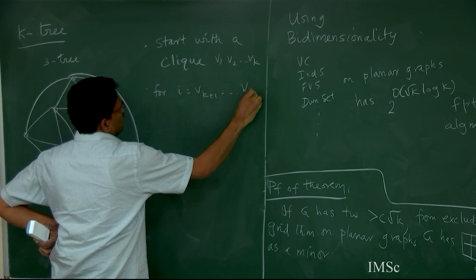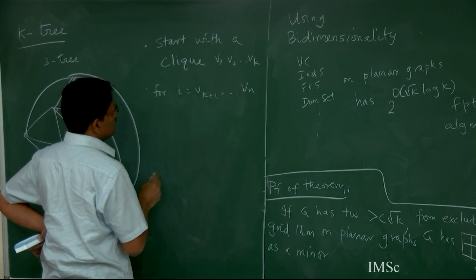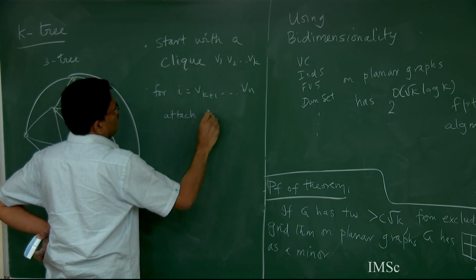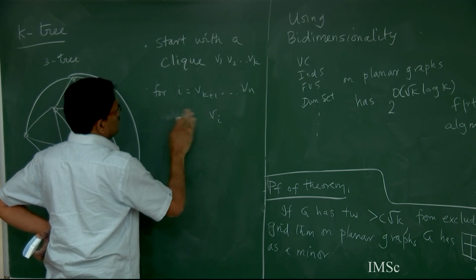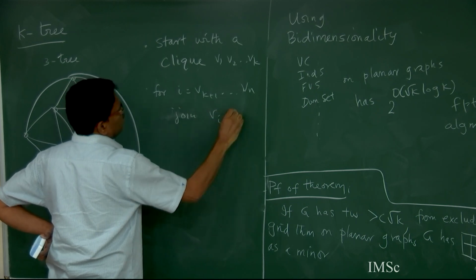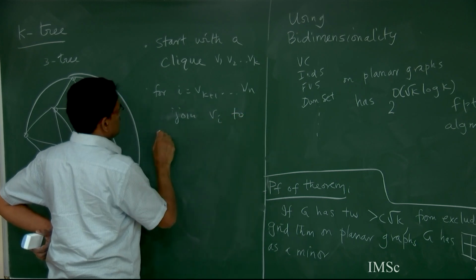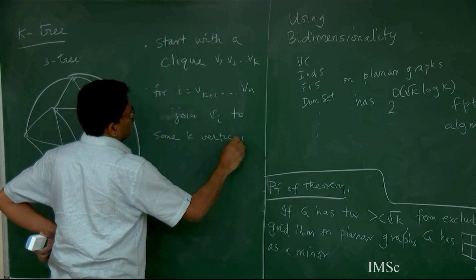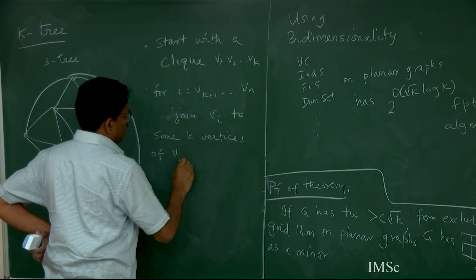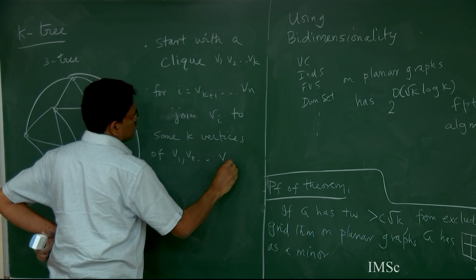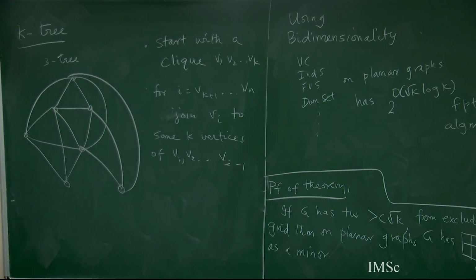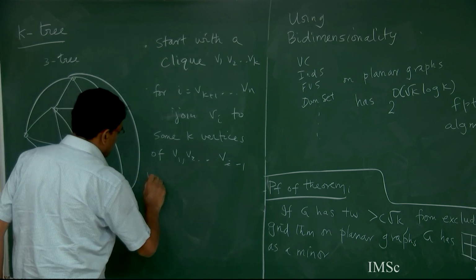Then for a k-tree on n vertices, attach or join each new vertex vi to some k vertices of v1, v2, up to v(i-1). And what you get is a k-tree.